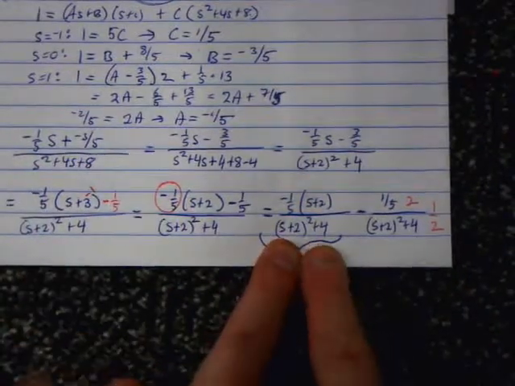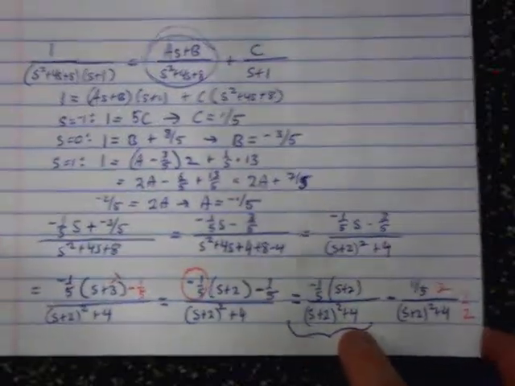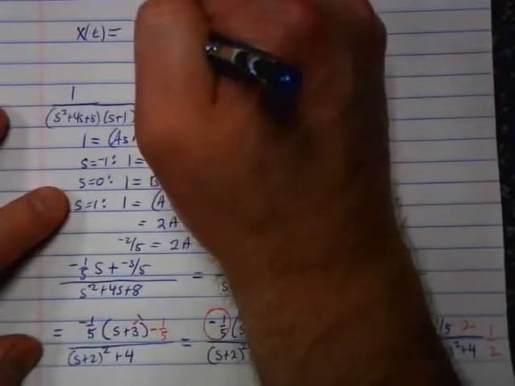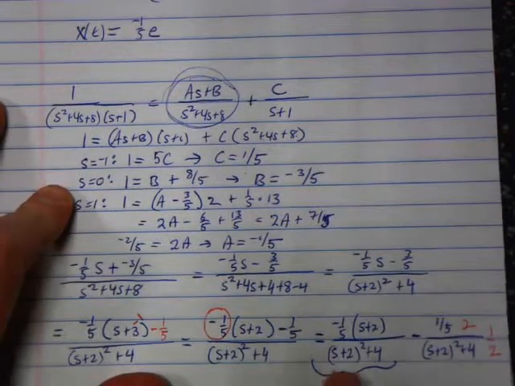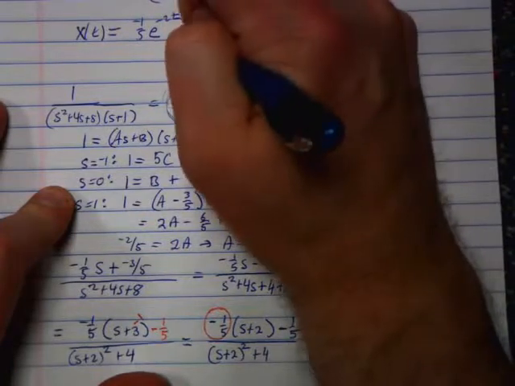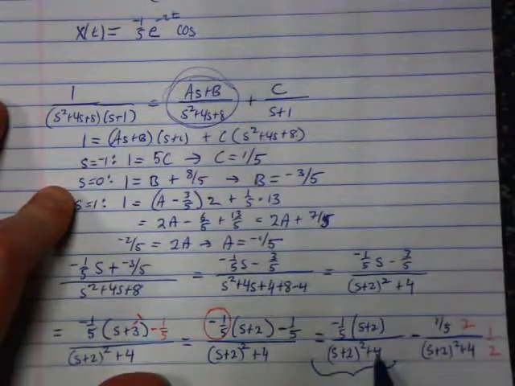What's the inverse Laplace transform of this piece? Negative 1/5 e to the at, where a is negative 2, t, cosine of 2t because of this 4.